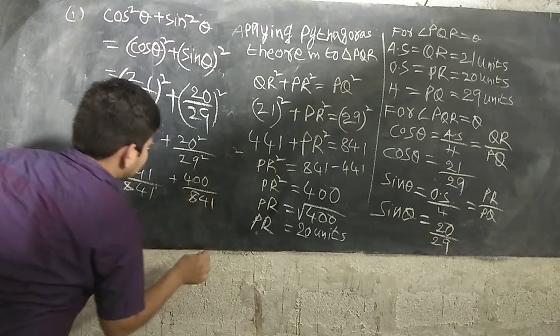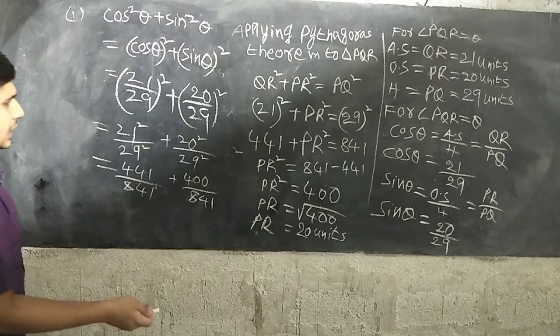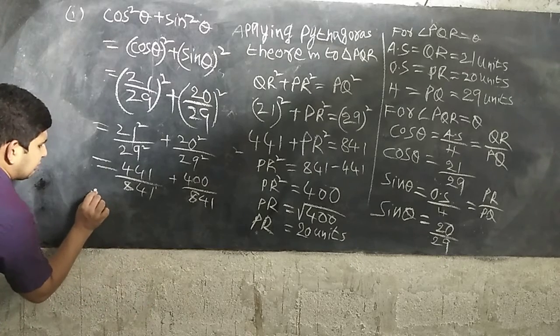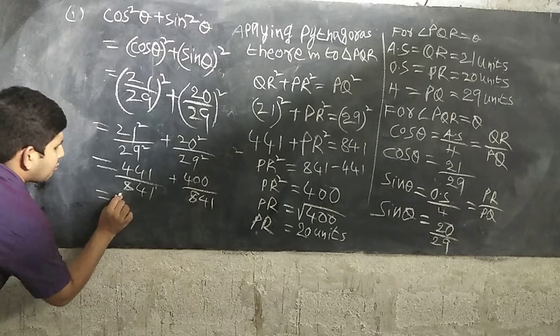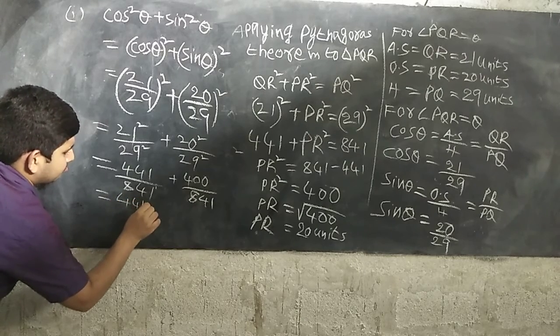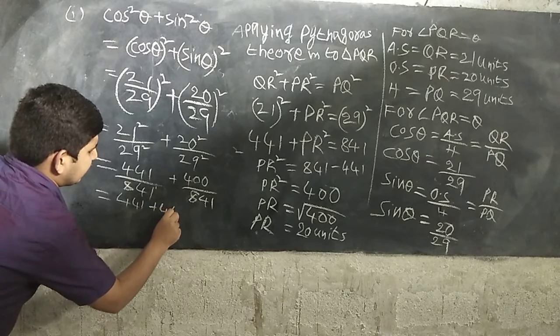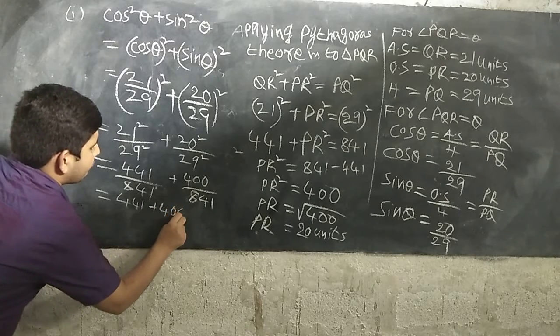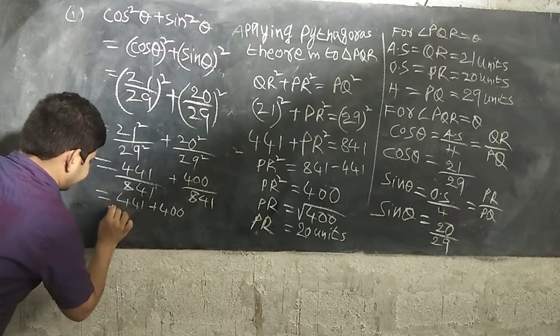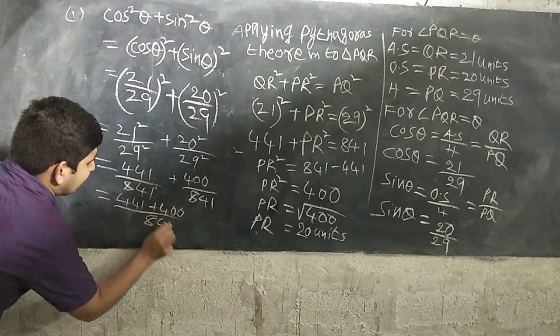Now the denominator is the same, so the numerator is added directly. So equal to 441 plus 400 by 841.